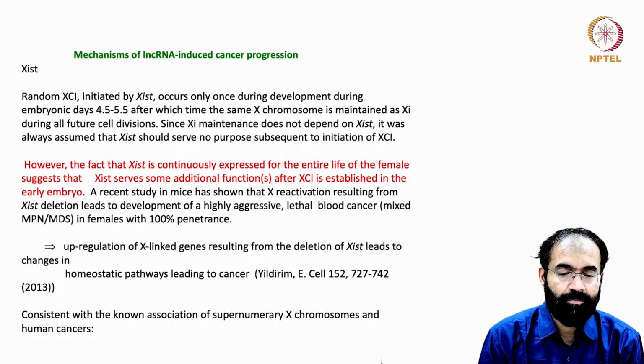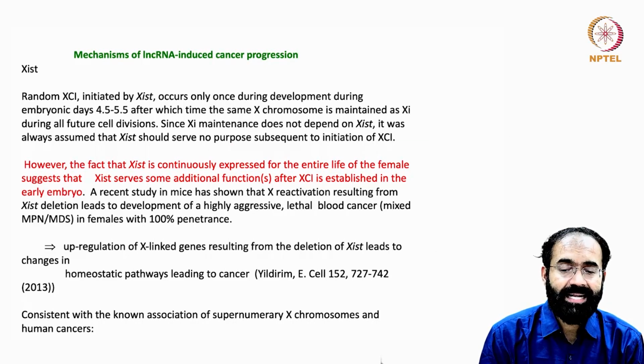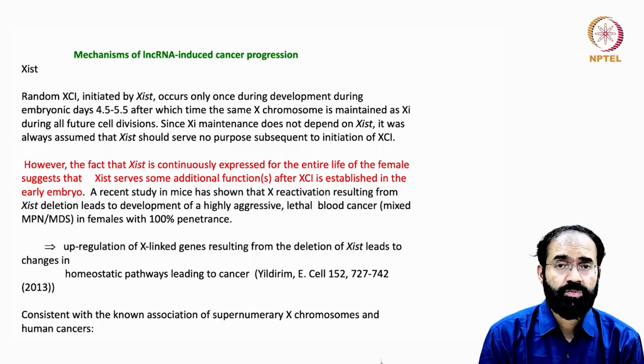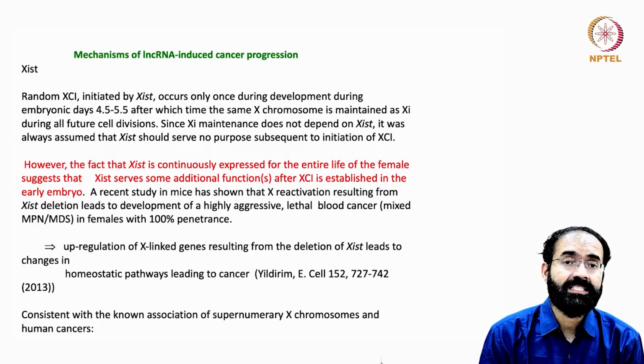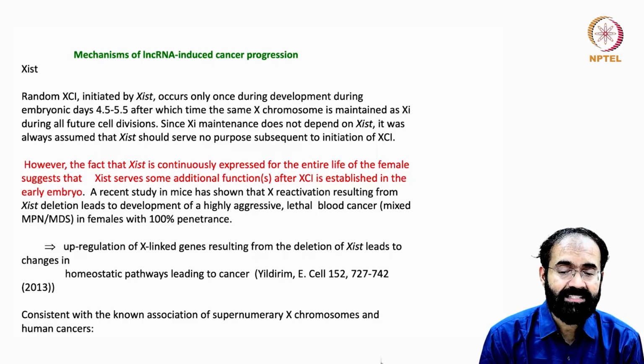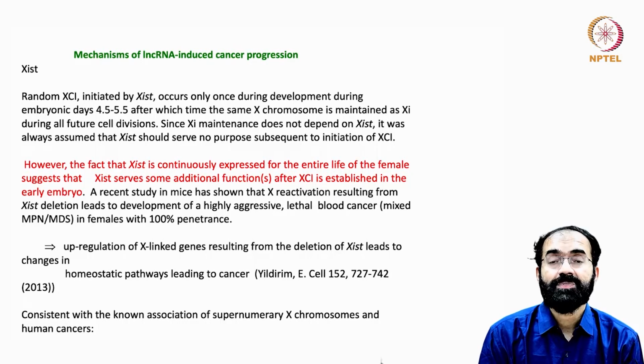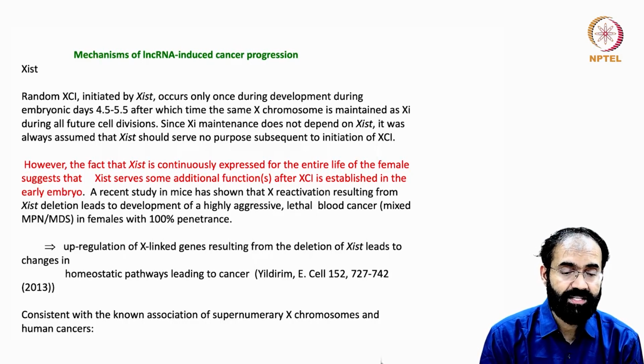At this time the X chromosome is maintained as inactive during future cell divisions. Since X chromosome inactive maintenance does not depend on Xist, it was always assumed that Xist should serve no purpose subsequent to initiation of X chromosome inactivation.